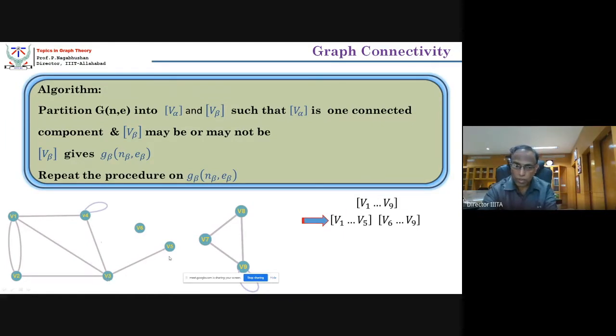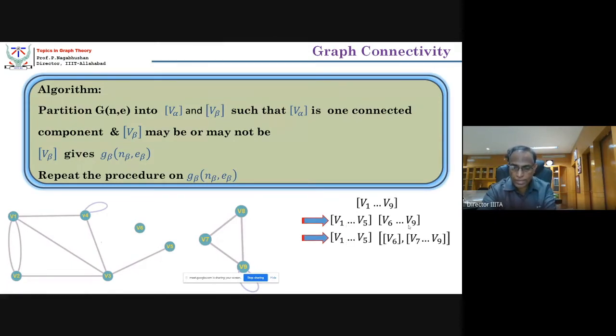What about V5? V1 is connected to V3 and V3 is connected to V5. That is why V5 is also connected to V1. Therefore, V1 to V9 gets partitioned as V1 to V5 one set and another set simply V6 to V9. We have tested the connectivity upon V1 and that gives this partition.